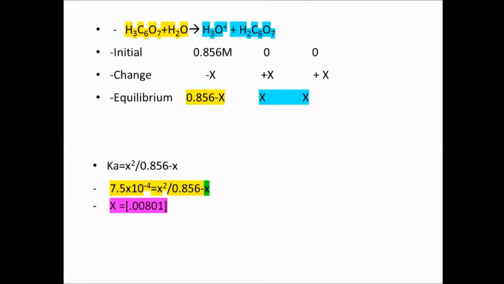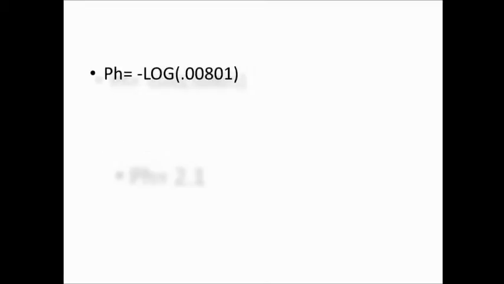And then to get rid of one of those X's, we'll square root both sides, which will leave us with X equals 0.00801. Now, X is our concentration. Now that we have our concentration, we can use pH equals negative log and then put that numeric value in to give us our pH answer, which is 2.1.